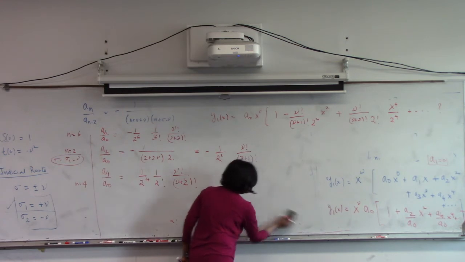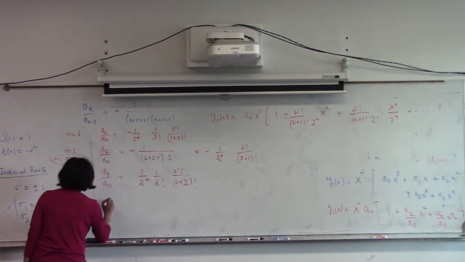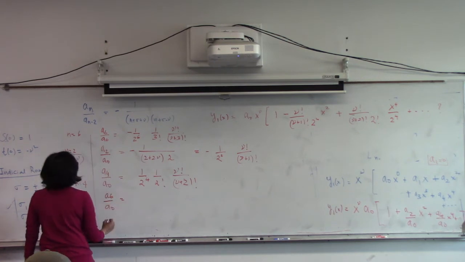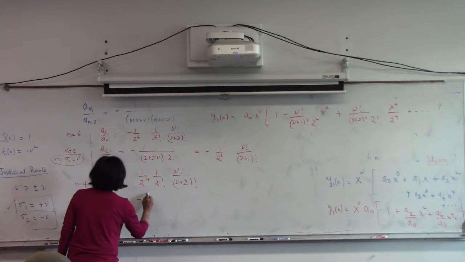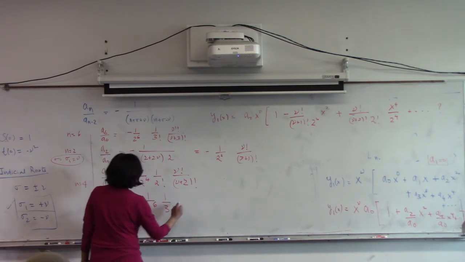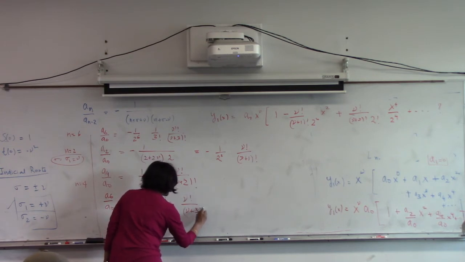First, it's an oscillating series, that we noticed, right? I mean, it's changing sign. A6 over A0 is negative: 1 over 2 to the 6, 1 over 3 factorial, nu factorial, nu plus 3 factorial.